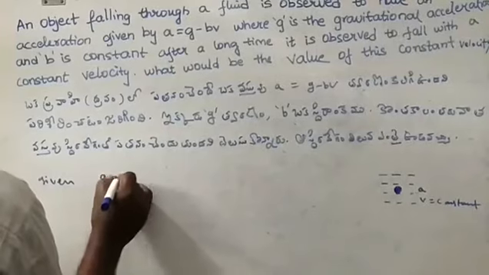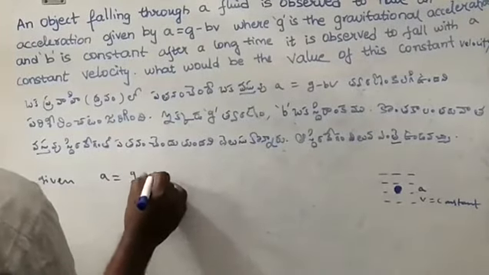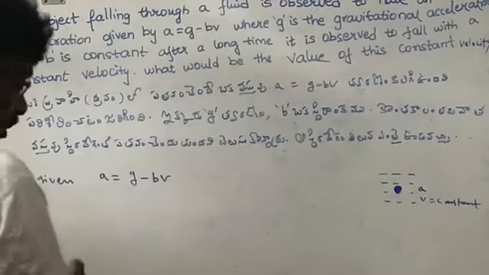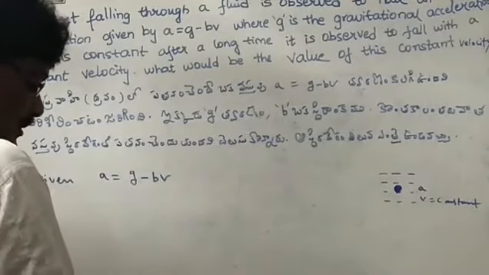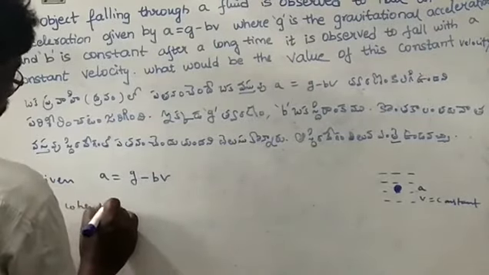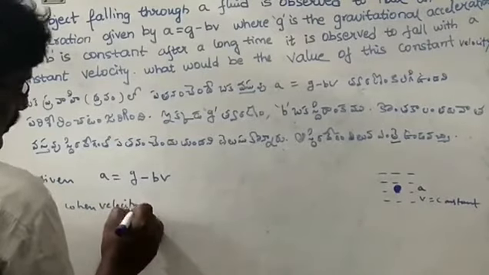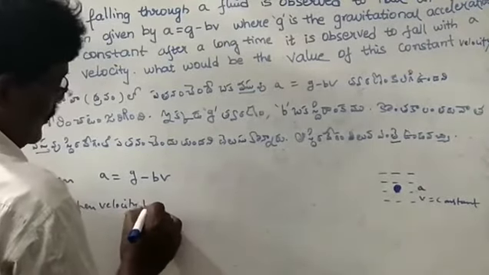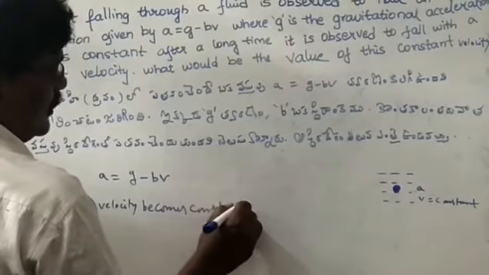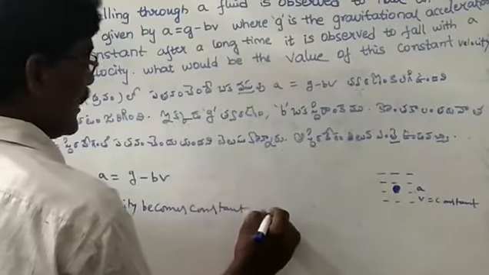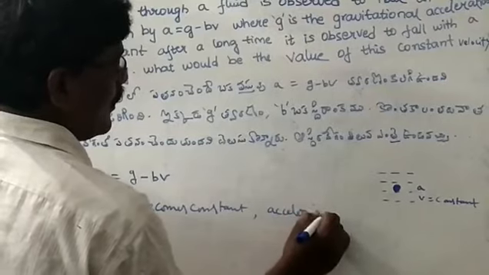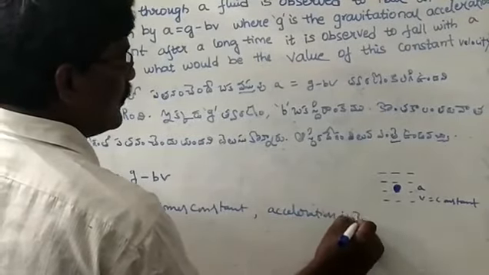Given A is equal to G minus BV. When velocity becomes constant, acceleration is equal to 0.